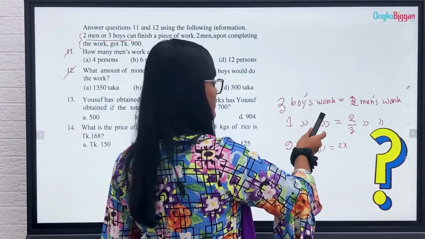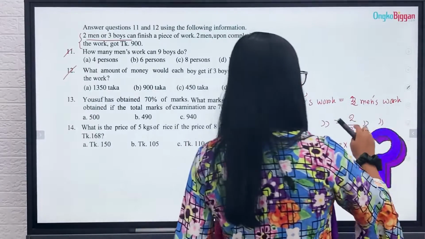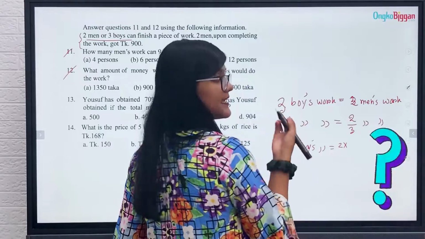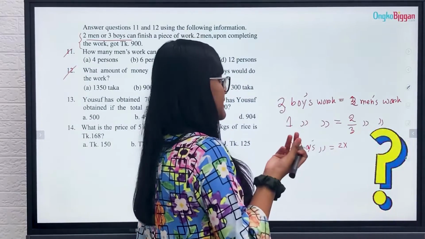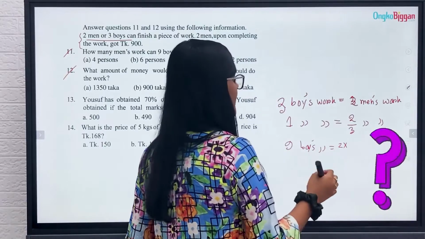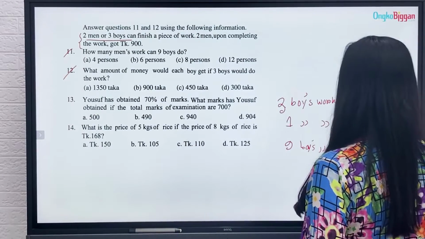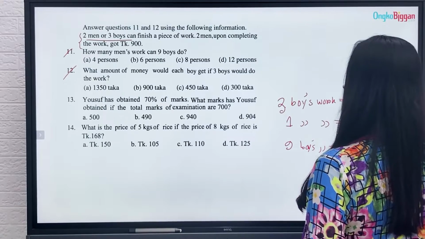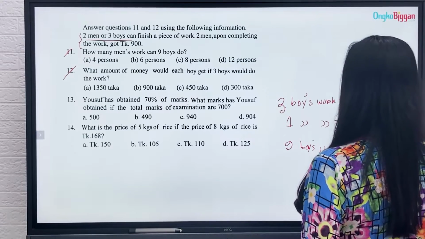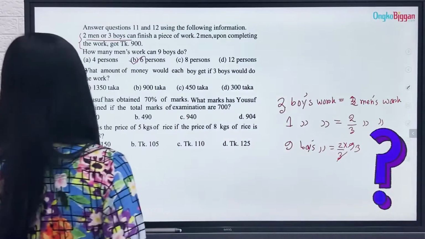So 1 boy's work will obviously be smaller, so we divide. Then 9 boys will obviously be larger than this, so we multiply. So 2 by 3 into 9, we are getting 6. So it will be 6.